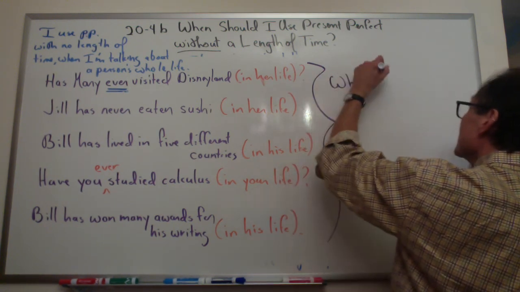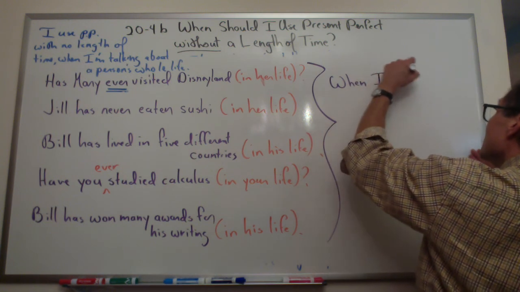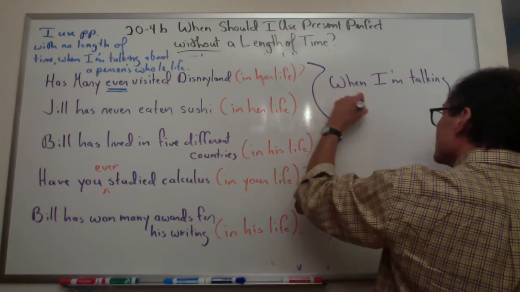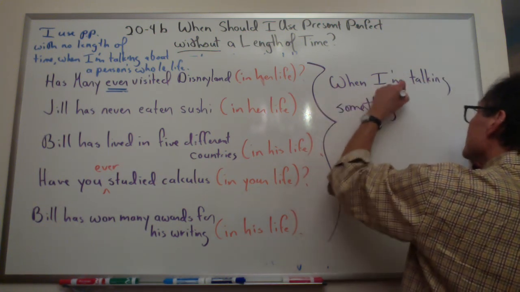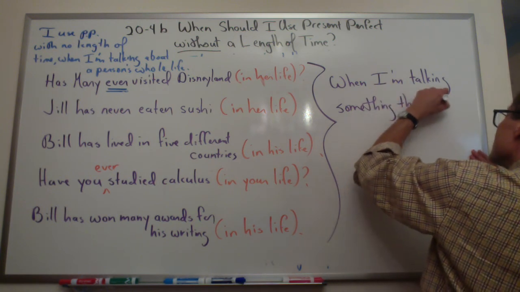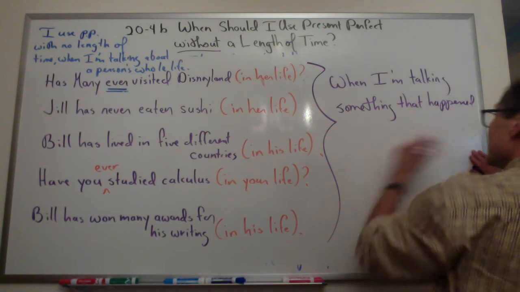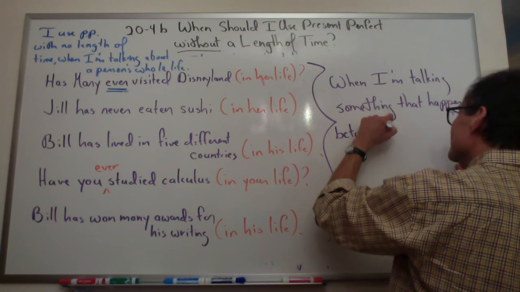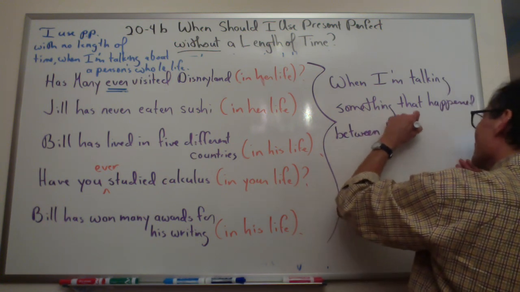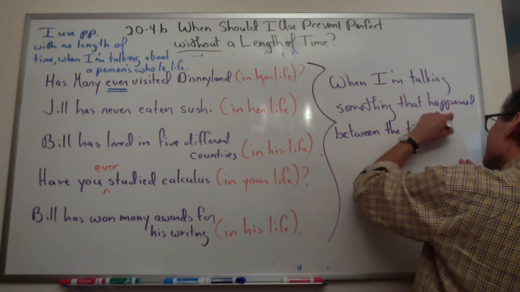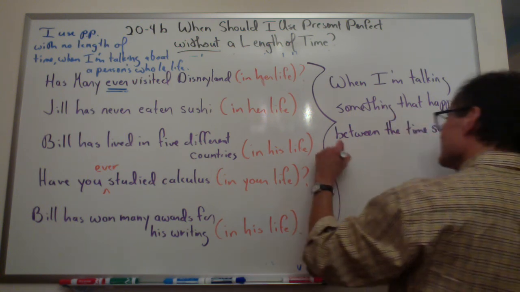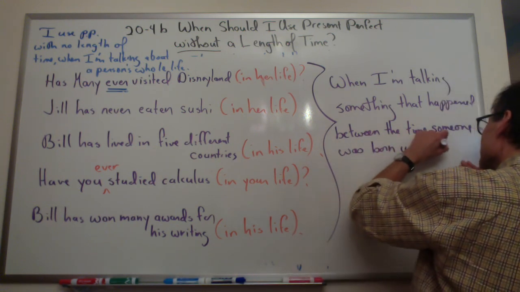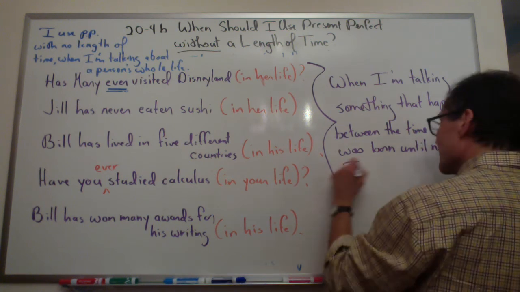When I'm talking about something that happened and I'm thinking about it, that this happened between the time someone was born until now, in their whole life, I need to use present perfect with no length of time.